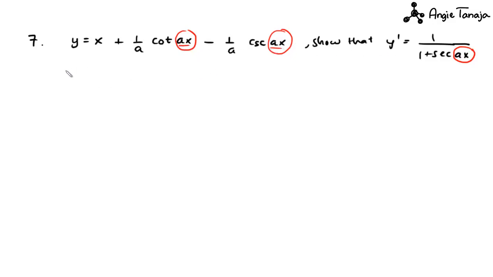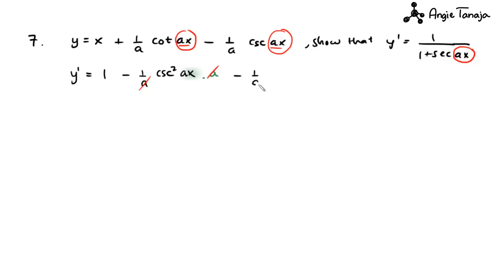So we just directly differentiate it. This will be 1, while this will be cotangent, so it will be negative, I'm going to put negative here. Negative 1 over a cosecant square of that something, which is ax, and we have to times it with the derivative of this, which is just a, right? So then I can just cancel this.